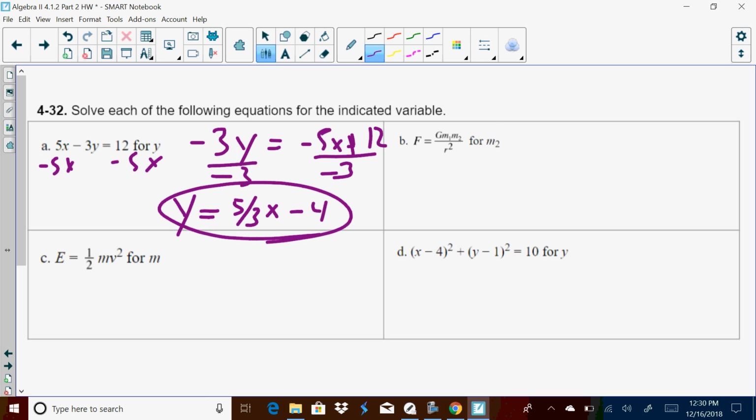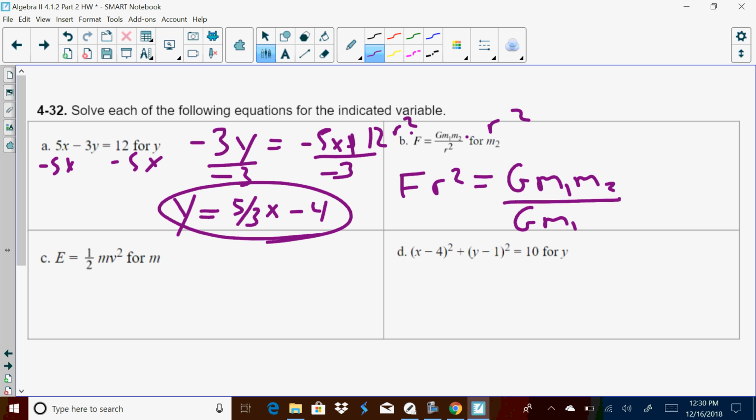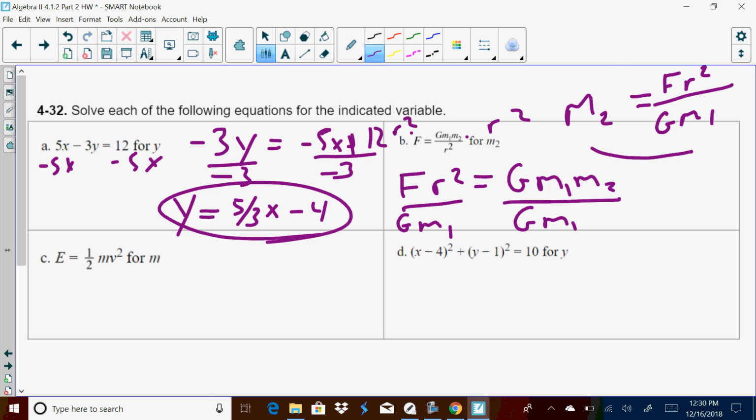F, first I'm going to multiply by r squared. So I get F times r squared equals G m sub 1 m sub 2, divided by G m sub 1. So I end up with m sub 2 equals F r squared over G m sub 1.